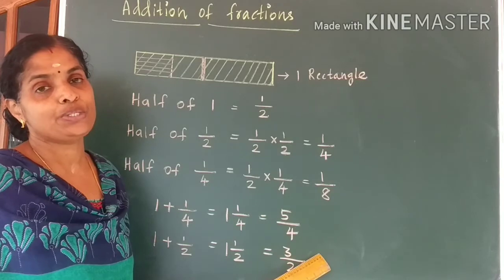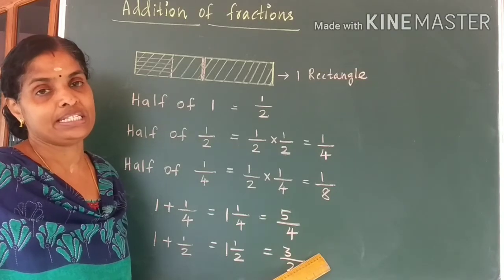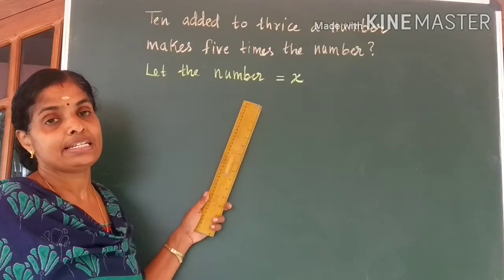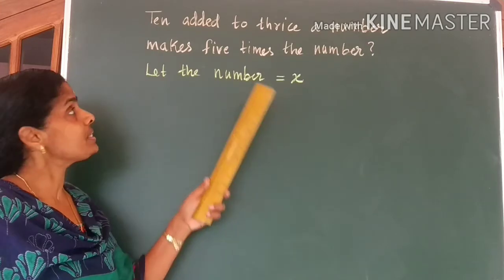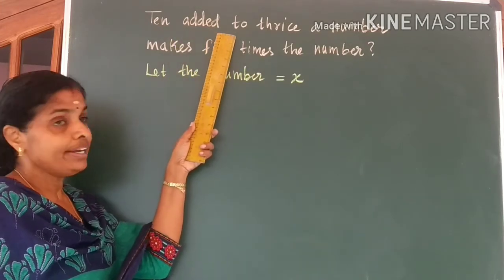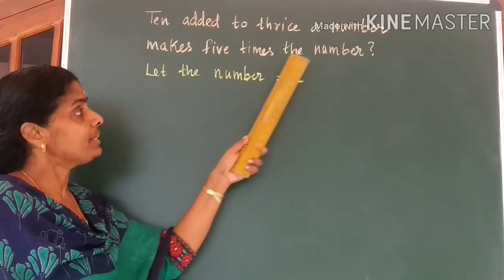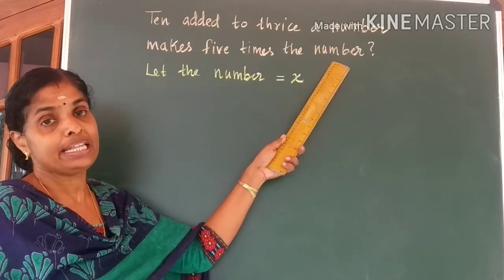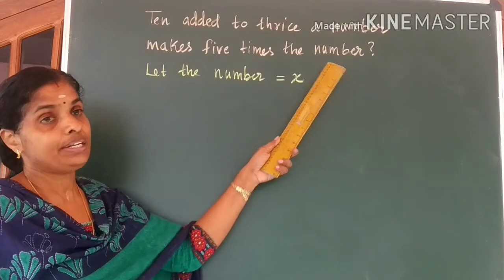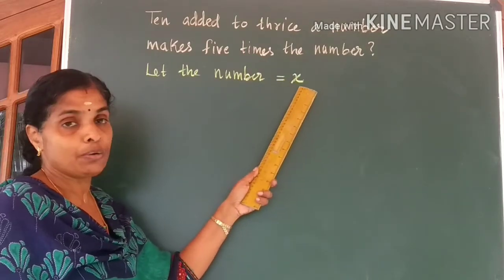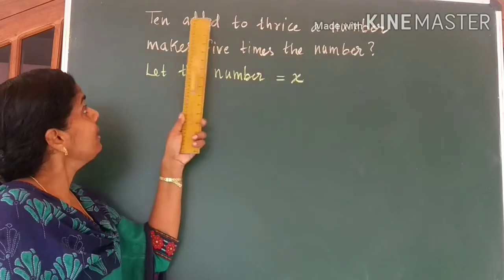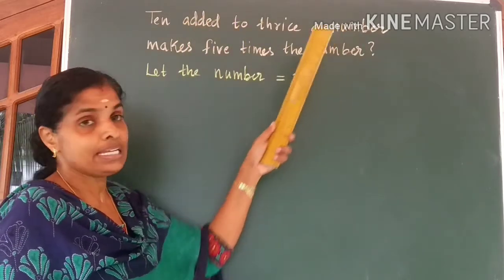Now let us do some problems in equations. Children, let us look at some example problems. 10 added to thrice a number makes 5 times the number. Find the number. So we took the number to be equal to x. 10 added to thrice a number.